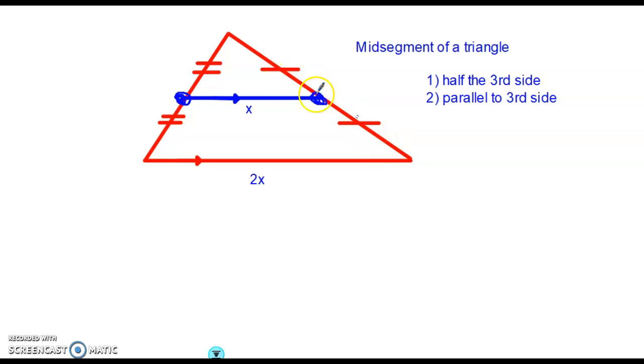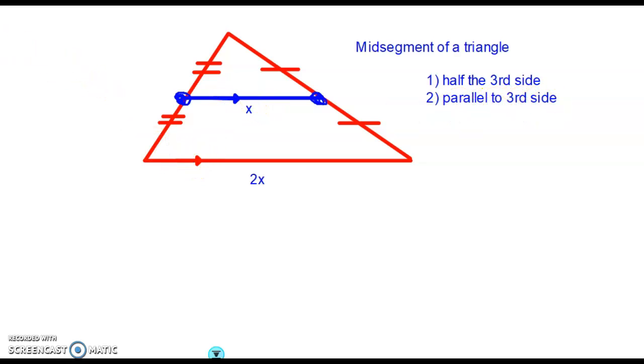These two little pieces are equal, so this has to be the midpoint. And if you recall, the mid-segment is half the third side. So if this is x, this third side is double it. So this mid-segment would be half of the third side. We also know that the mid-segment is parallel to the third side.